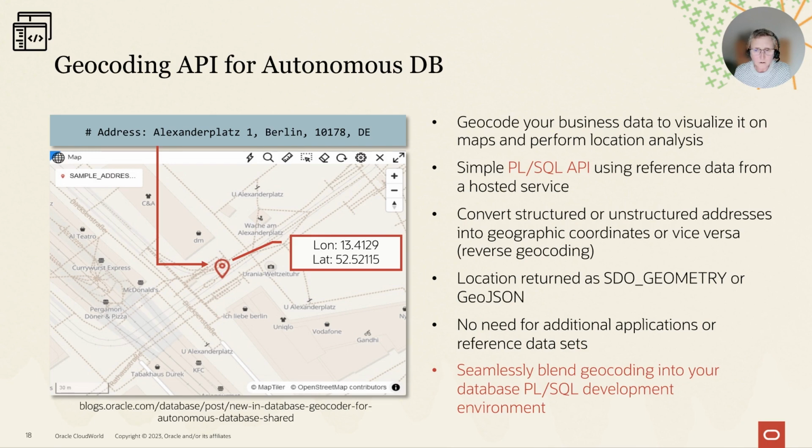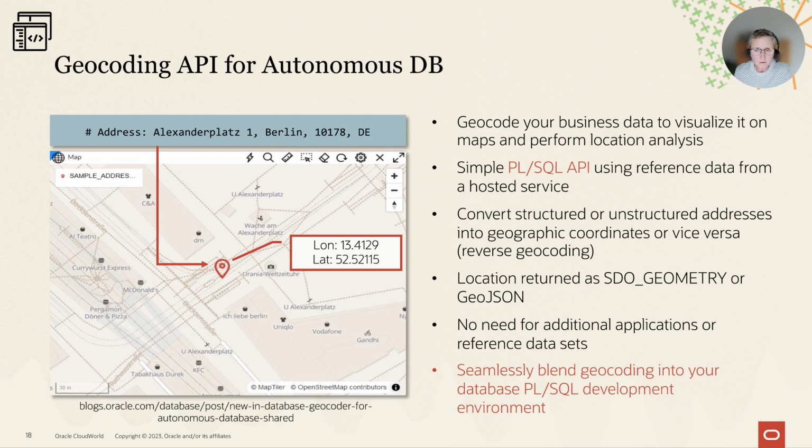With a simple function call, you can perform forward or reverse geocoding. Forward geocoding converts addresses into either a collection of JSON documents containing one or more best matches, or a geometry object representing a point that contains the location of the best match. Reverse geocoding converts coordinates into their textual address information.